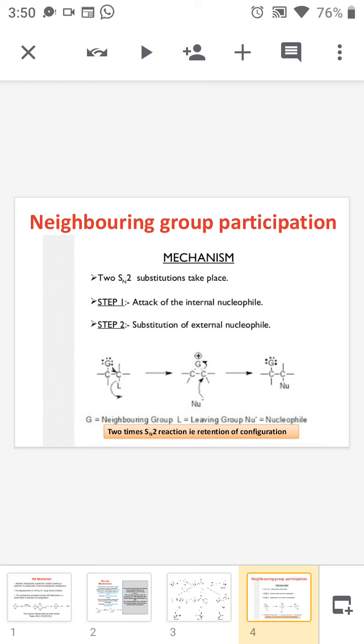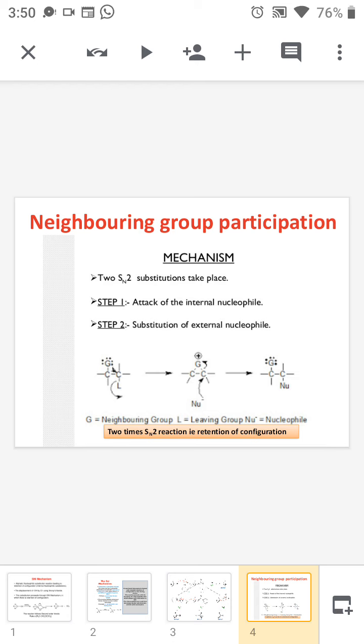The capacity of the leaving group depends upon the stability of the negative anion or the size of the atom. If the size of the leaving group is large, it is a good leaving group, and similarly if the negatively charged anion is stable, then also it is a best leaving group. So here we use the best leaving group.